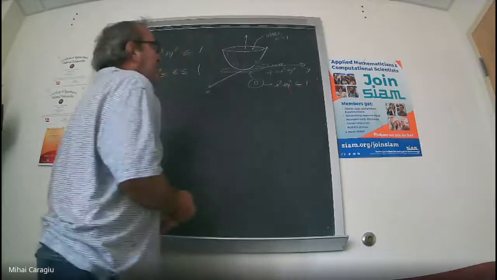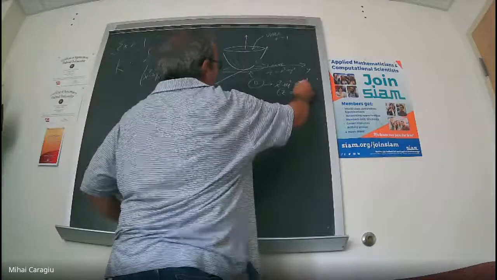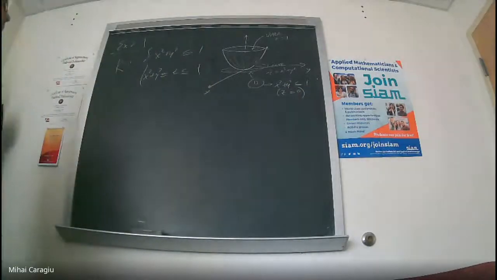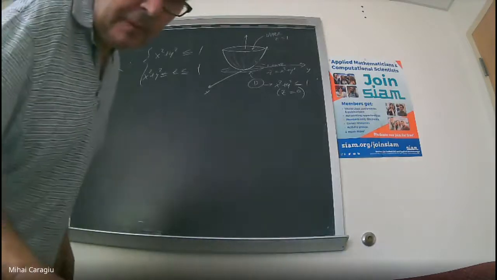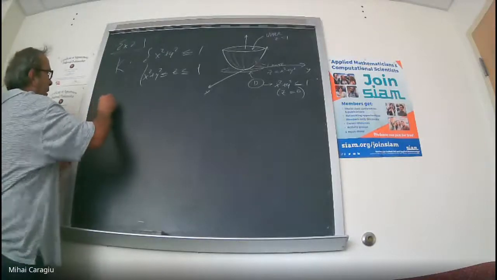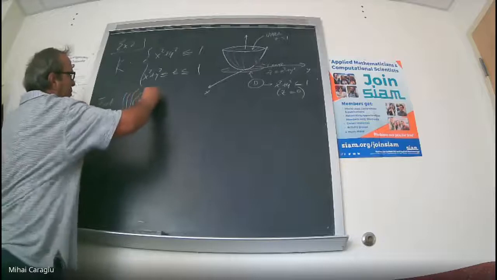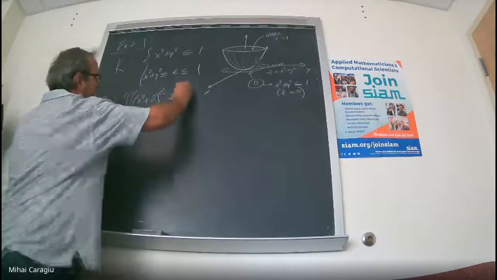X squared plus y squared less than or equal to 1, and of course z equals 0 for this disk. Okay, so let's find the triple integral over K of (x squared plus y squared) squared dV.